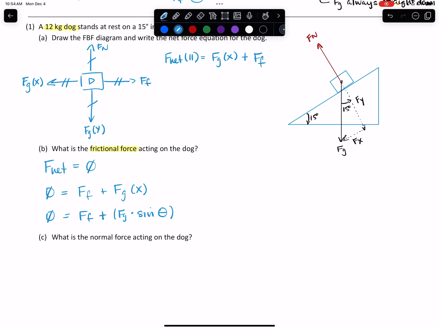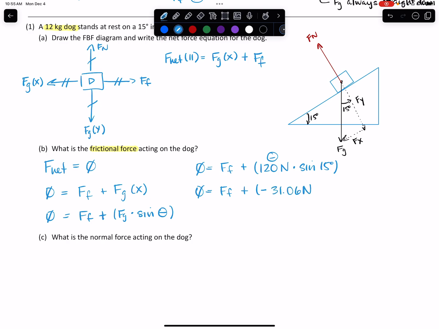So that means that 0 will equal our frictional force plus, it's my dog's 12 kilograms, so 120 newtons, times, oh, and this is going to be negative, times the sine of 15 degrees. All right, so 0 equals my frictional force plus a negative, what do we get here?